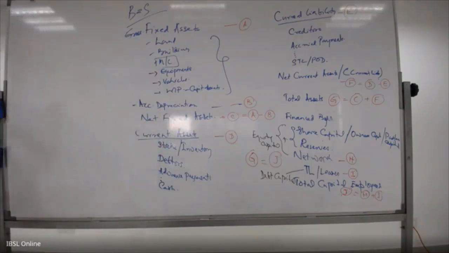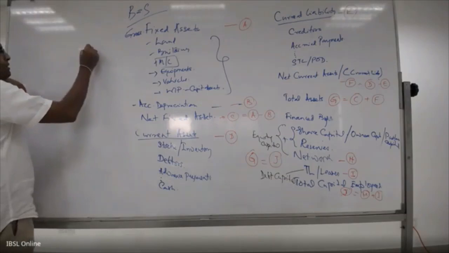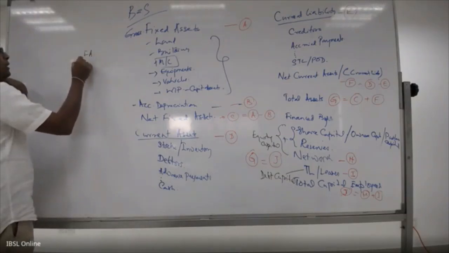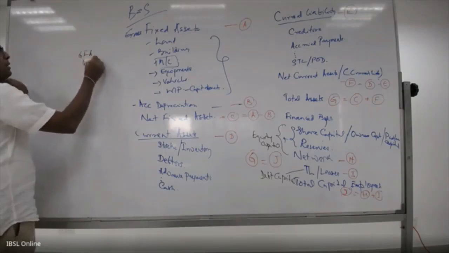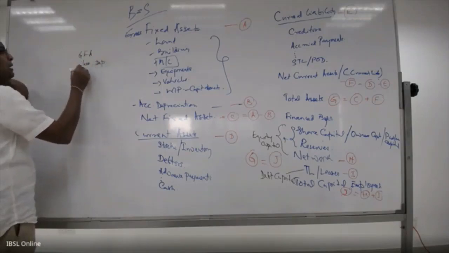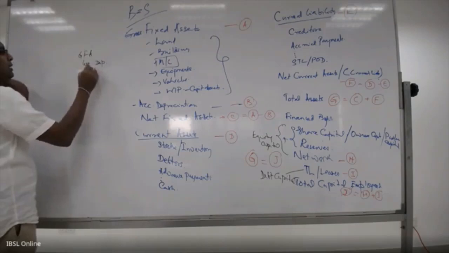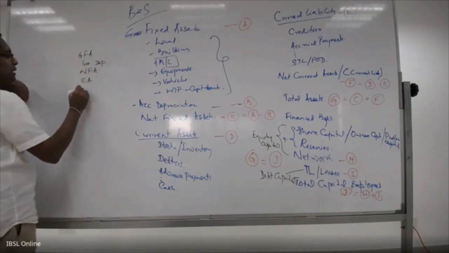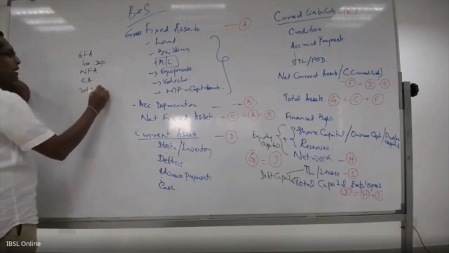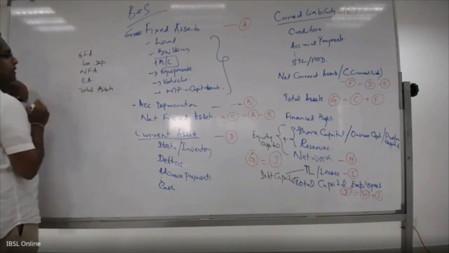The other way is fixed assets, less depreciation, net fixed assets, current assets, total assets, right?